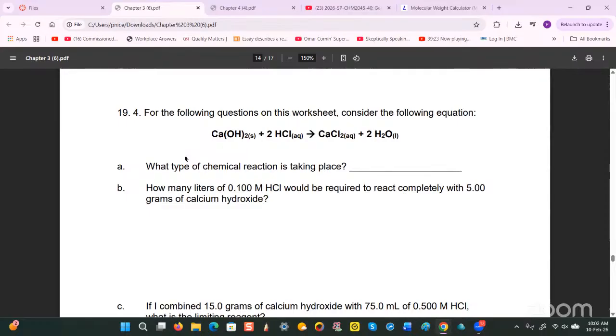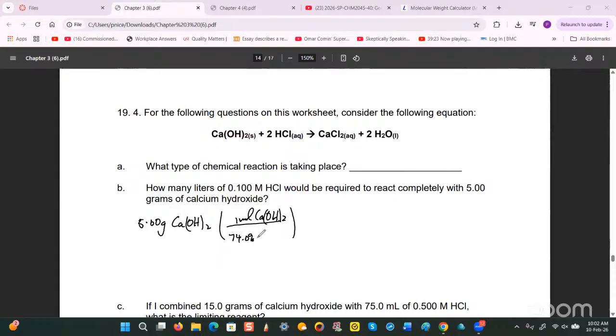So the B part is asking, how many liters of 0.100 M hydrochloric acid would be required to react completely with 5.00 grams of calcium hydroxide? The way I go about solving this one is that I would start off with the 5.00 grams of calcium hydroxide, and I will convert that to moles. So 1 mole of calcium hydroxide above, and the molar mass, I think we calculated this earlier, was 74.09 grams.